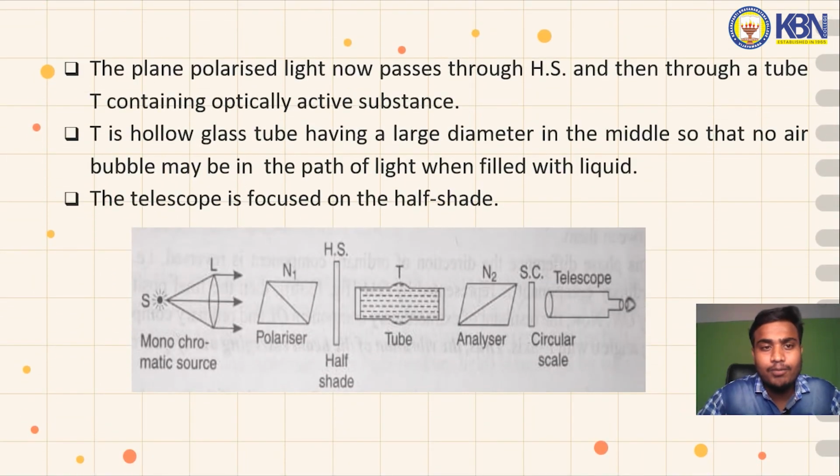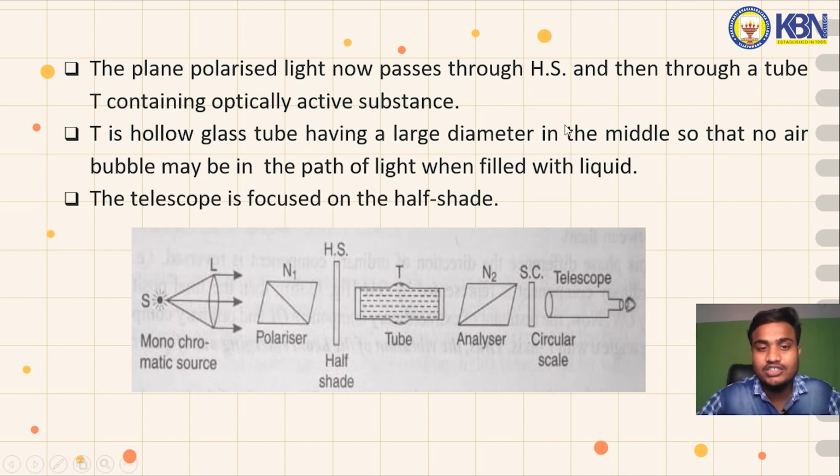The plane polarized light now passes through the half shade and then through the tube T. T is a hollow tube containing the optically active substance like sugar solution, and it has a larger diameter at the center so that no air bubble may be in the path of the light when filled with liquid.